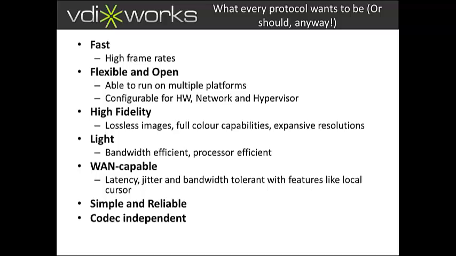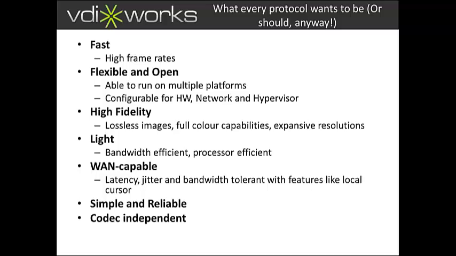Ideally, we also want our protocol to be WAN capable, so that it works with a variety of different latency and jitter criteria, and it's fairly bandwidth tolerant. It has features like local cursor, so I don't want the picture of my mouse pointer to be sent to me across a WAN, because the lag is such that when I move my mouse, and if the cursor is actually rendered on the host and sent back to me, that's a 2x delay.